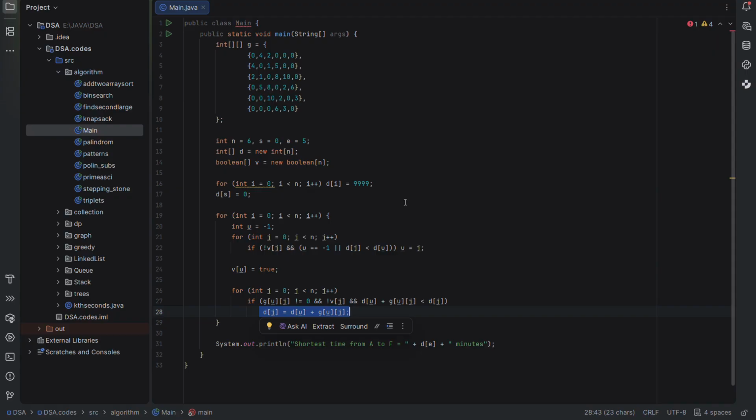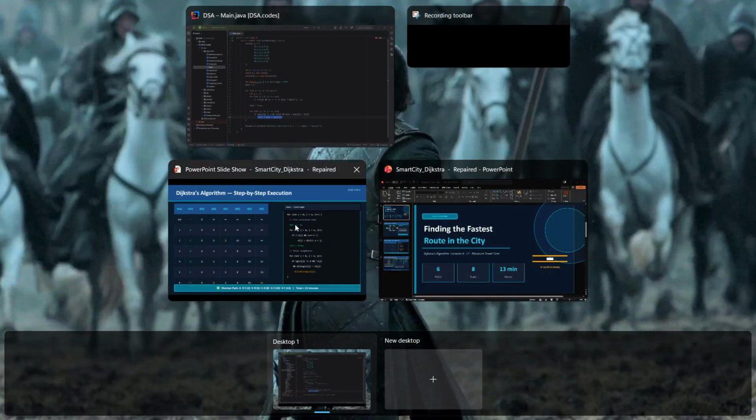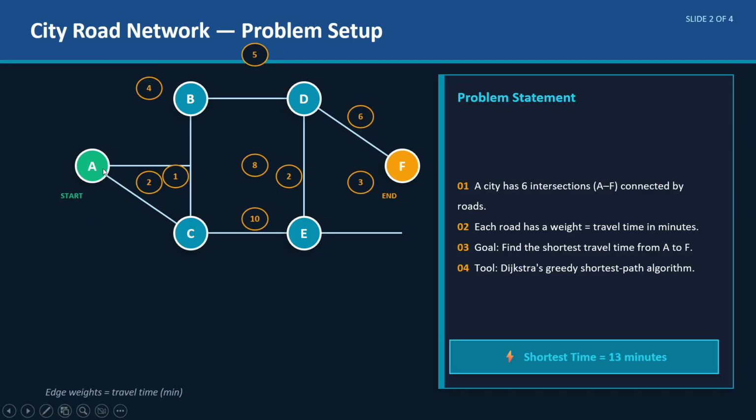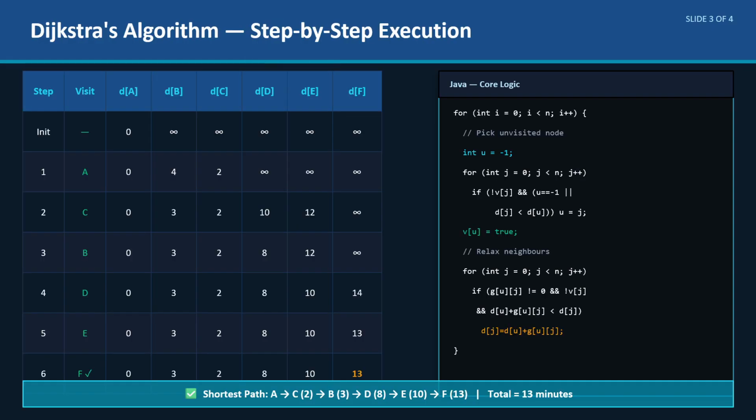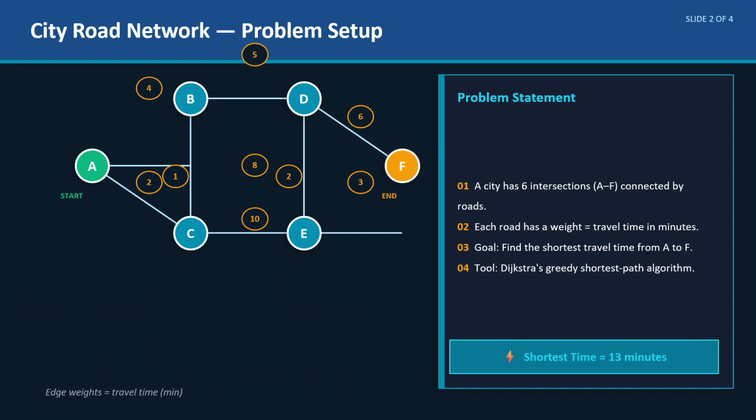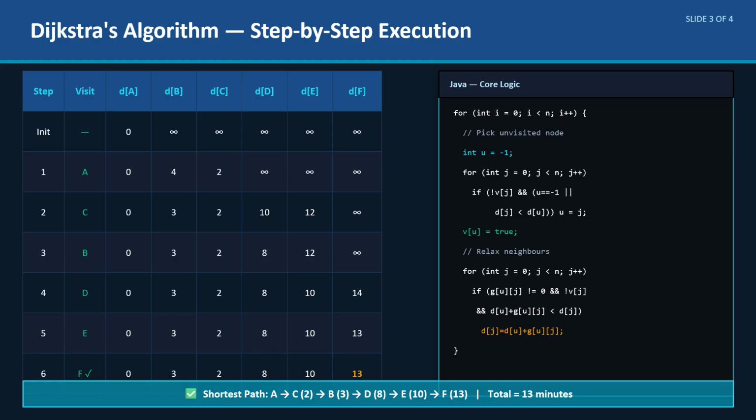Let's trace through the execution using our table, right? Remember this graph, and now see the table.